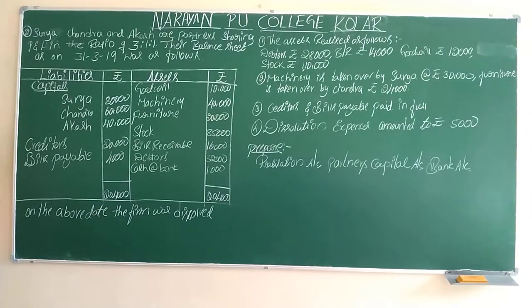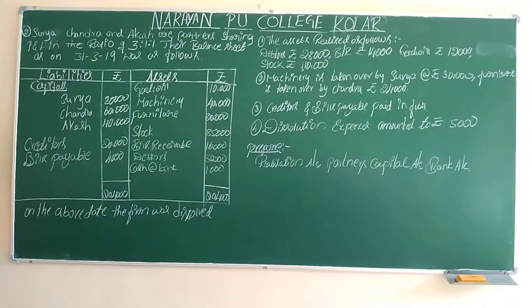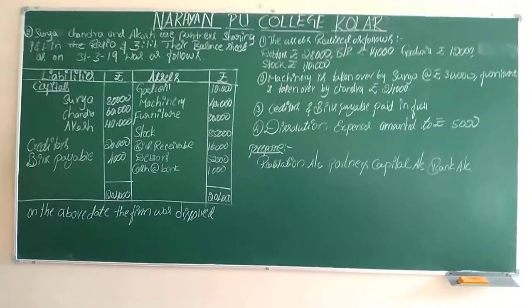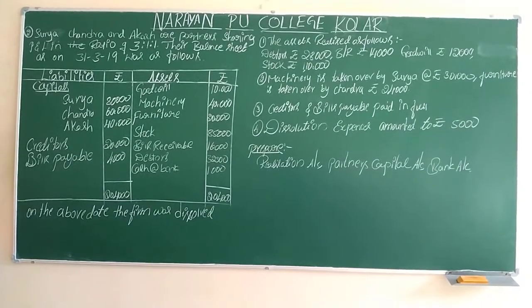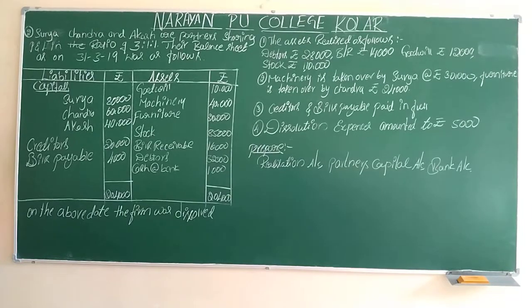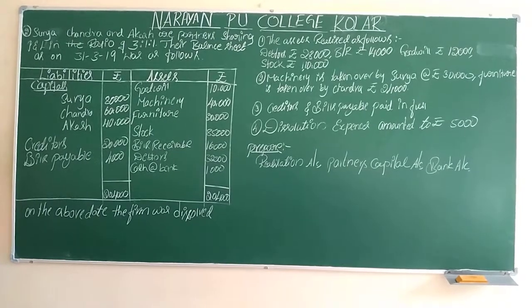Goodwill 10,000, machinery 40,000, furniture 20,000, stock 85,000, bills receivable 16,000, debtors directly in the outer column, value given 32,000, and cash at bank 1,000. Balance sheet total 2,04,000.